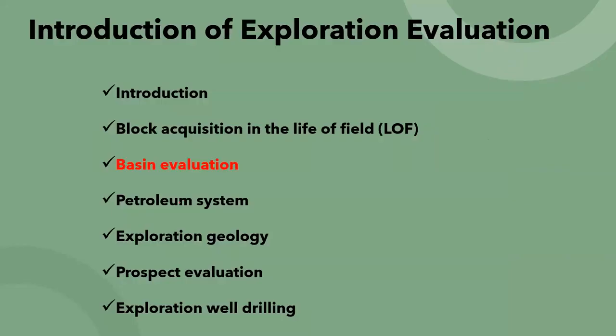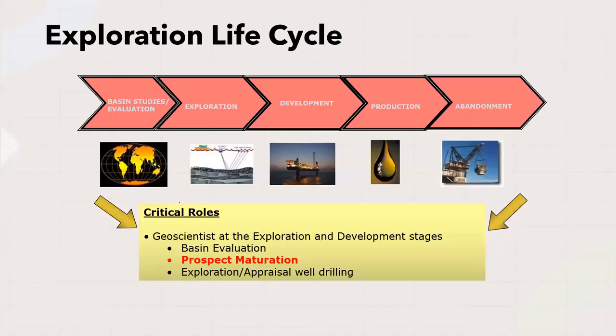Okay, so that was about the life of field. Now we look at basin analysis. When we are talking about basin evaluation or the exploration life cycle, that starts from basin studies. Basin studies are normally done regionally, so it can be all over the world. You have multiple basins, and you have to differentiate what type of sedimentary basin you are looking at.